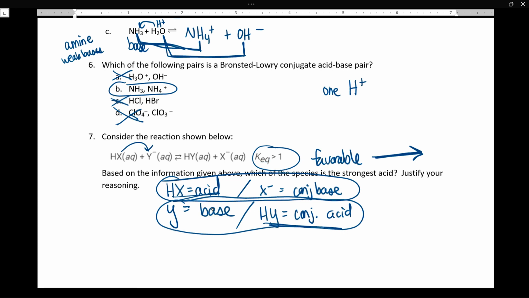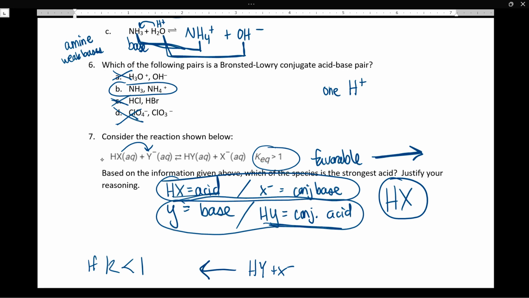So since the forward reaction is favorable, that tells me that the acid in the forward reaction must be the one that's better at being an acid, right? That is my stronger acid. So it looks like HX in this case is my stronger acid. If K had been less than 1, let's imagine this scenario. What if K had been less than 1? That would tell me that the reverse reaction was more favorable.